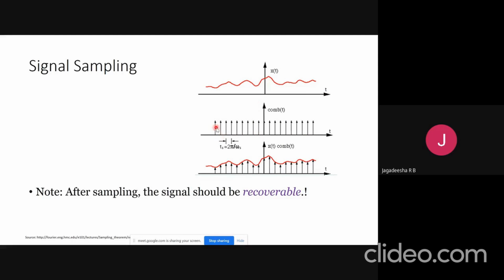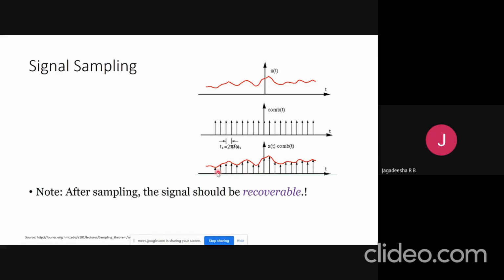We use different pulses here. They look like pulses, right? This is called a comb function. These are the different pulses. They are uniformly spaced. So we basically multiply this, and then generate a discrete signal like this.